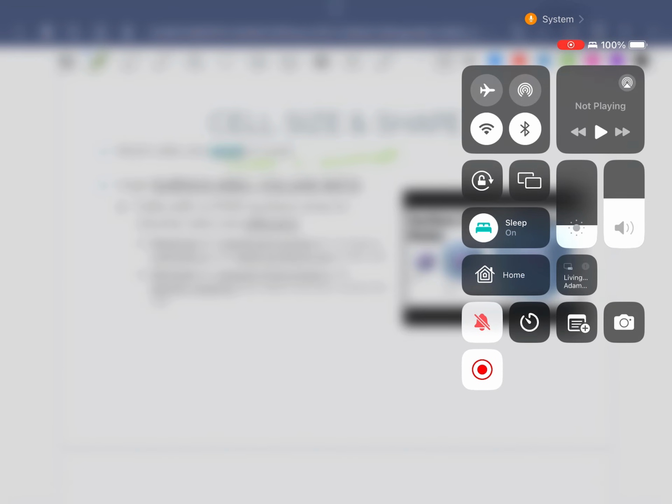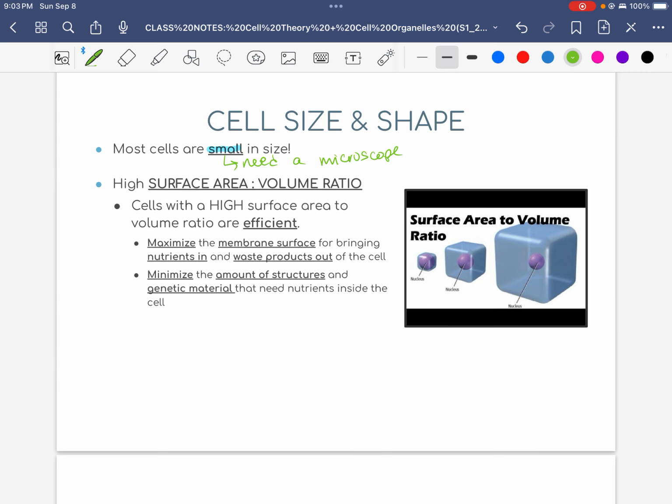And there's a few reasons for this, but maybe the most important is that there's a high surface area to volume ratio, which means that cells are more efficient. They're better at getting stuff into the cell and removing stuff out of the cell. So we need to remember high surface area to volume ratio, and this makes cells more efficient.